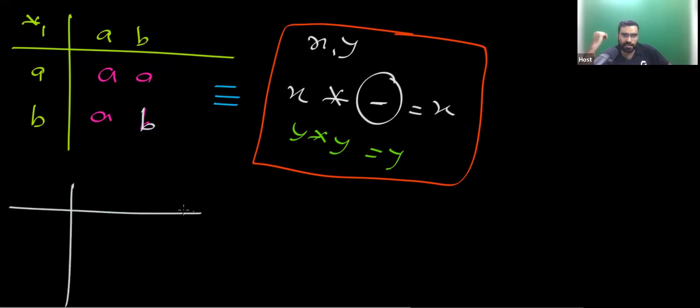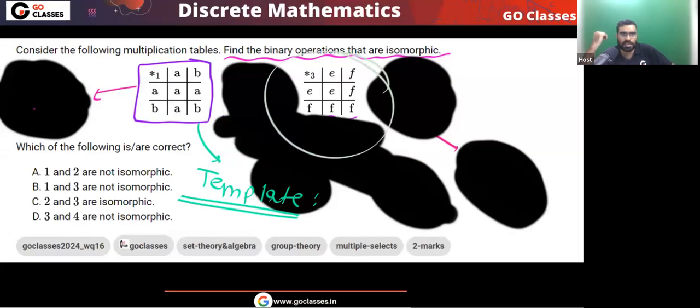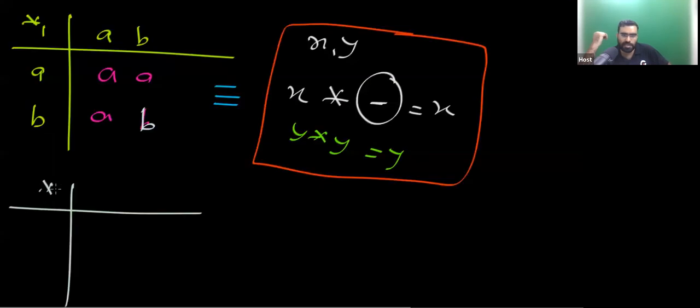The same thing is happening in the third one also. See, E comma F. You have EF, FF.